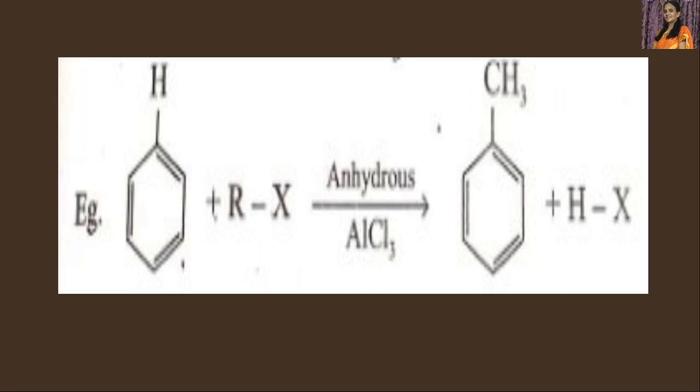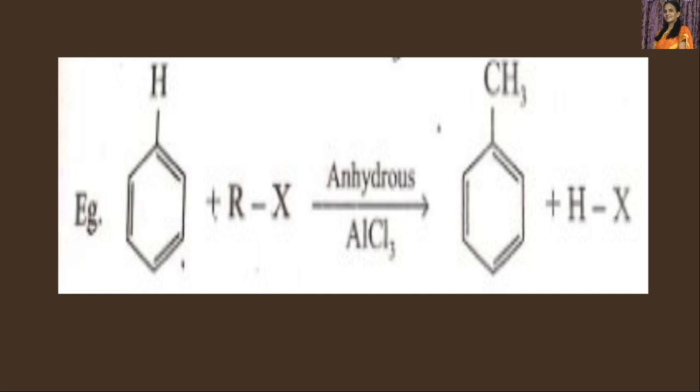In the first step, from this reagent, an electrophile is generated, that is R plus. In the second step, this R plus attacks the benzene nucleus to form an arenium cation. In the third step, this arenium cation loses a proton to form the final product.